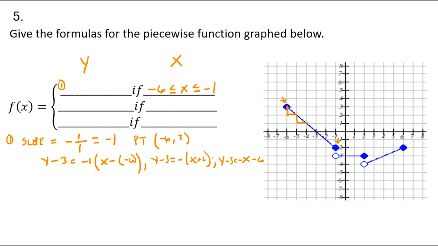And then finally, when I move the 3 to the other side, y equals -x minus 3. Okay, so this is the line that segment falls on.